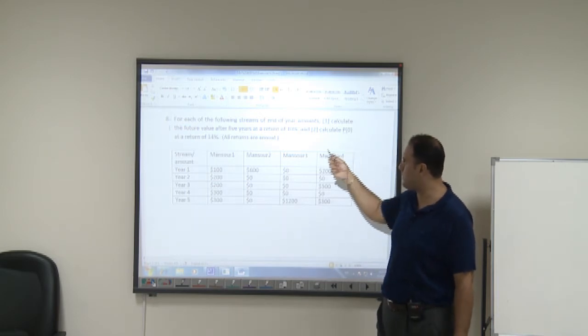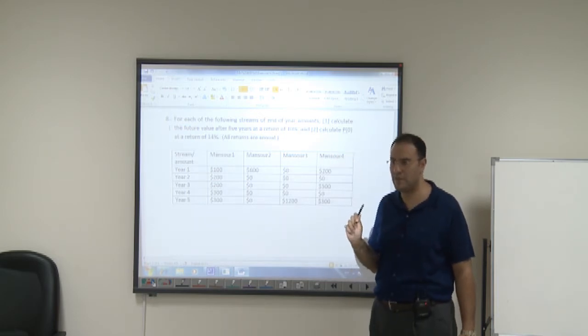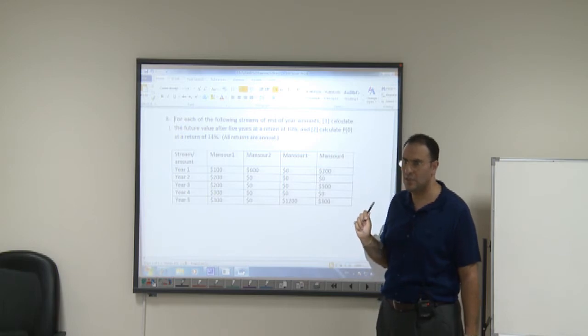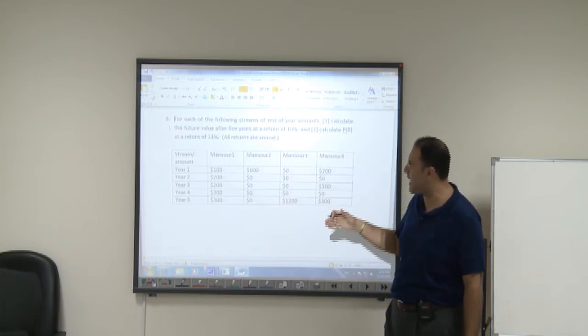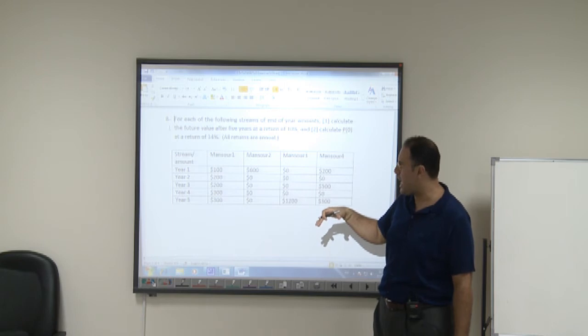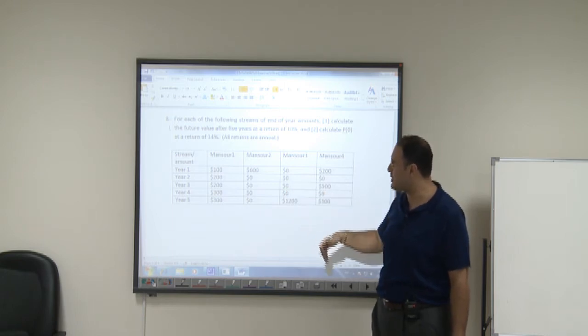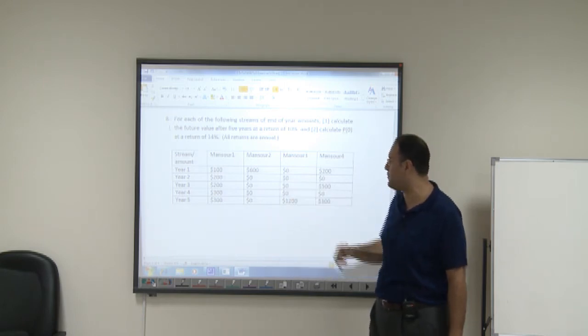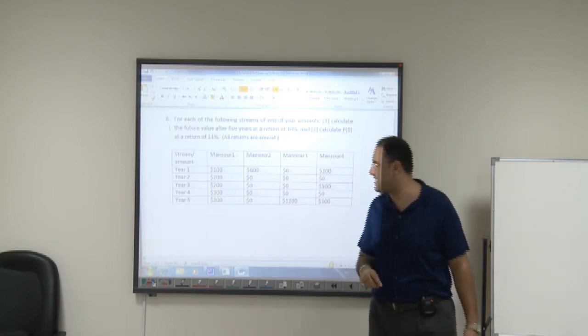For the second part, we're going to be solving for P0. You see that? So we're going to be solving for F5 and P0 as far as each one of those 4 assets is concerned.